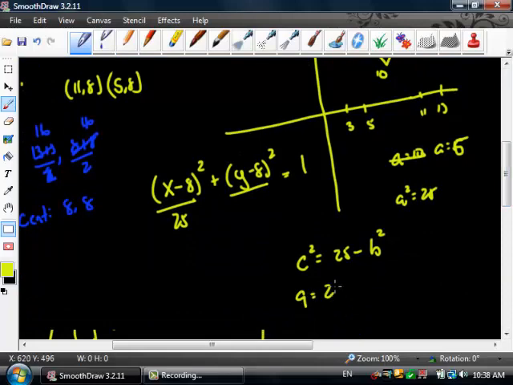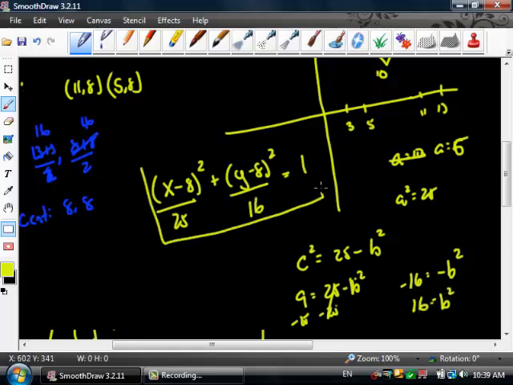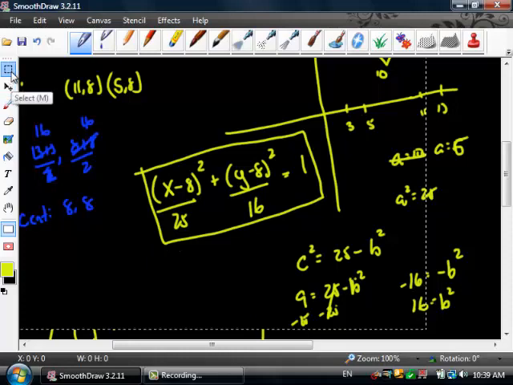So 9 equals 25 minus b squared. Subtract 25 from both sides. We get negative 16 equals negative b squared. B squared equals 16. This number becomes 16, which is what they got, right? Okay. A little bit of an involved problem.